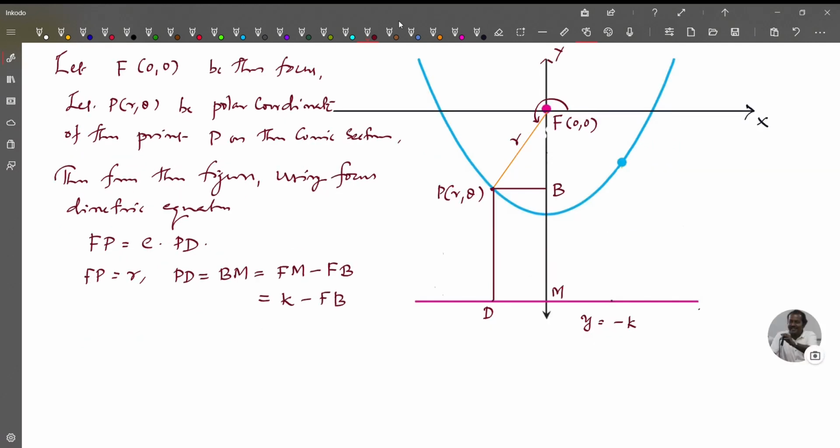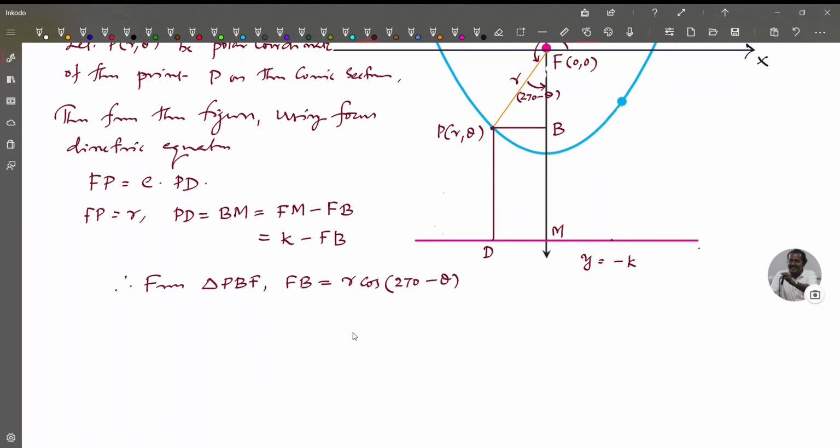So from this triangle, since this angle is theta, this angle is 270 minus theta. Therefore, from triangle PBF, FB equal to R cos 270 minus theta.